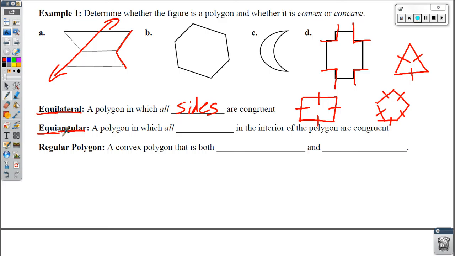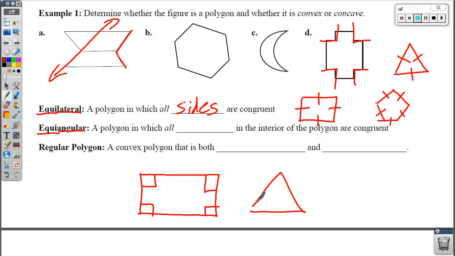So this is a shape that has all equal angles. So for example, we could have a rectangle. A rectangle has 4 right angles like this. We could, of course, have a triangle that has equal angles as well. And we could have any kind of shape as long as it has all the angles equal. We can call this an equiangular shape.